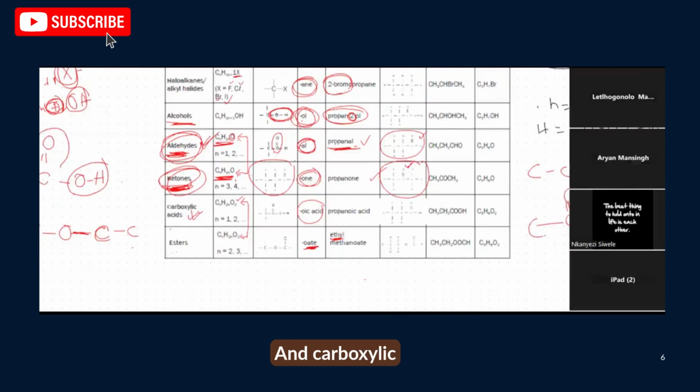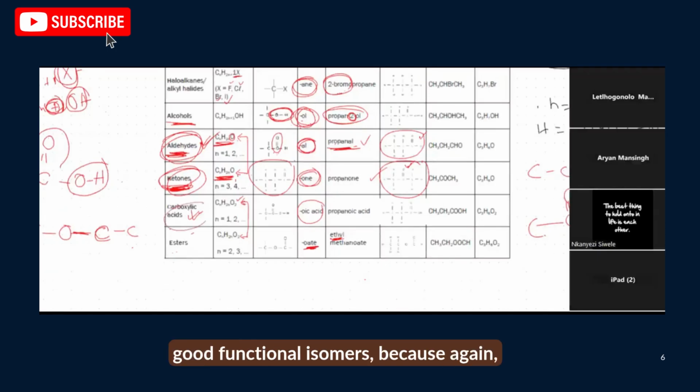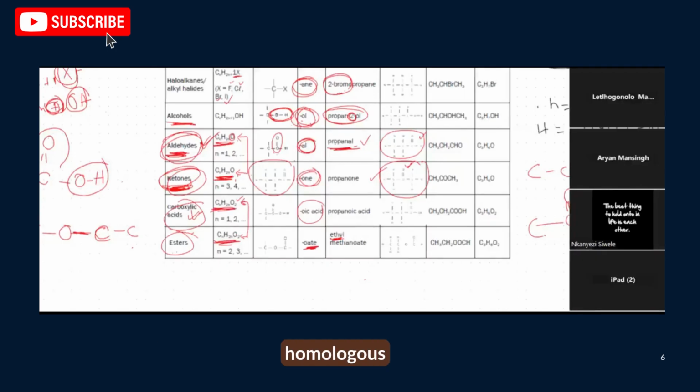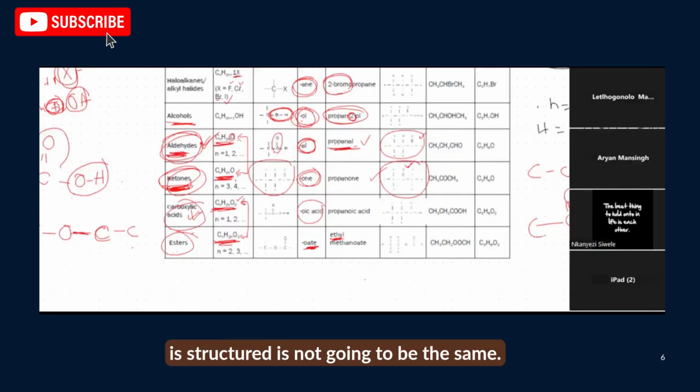And carboxylic acids and esters make good functional isomers, because again, if you look at the formula, you would see that the general formula for the homologous series is the same, but the way the compound is structured is not going to be the same.